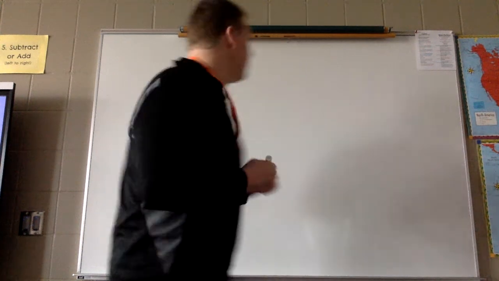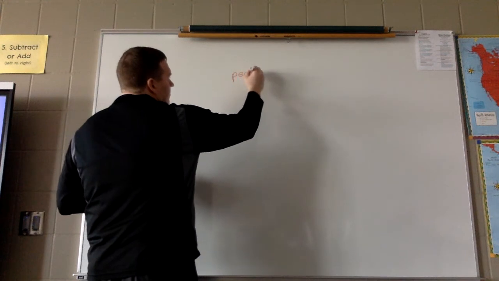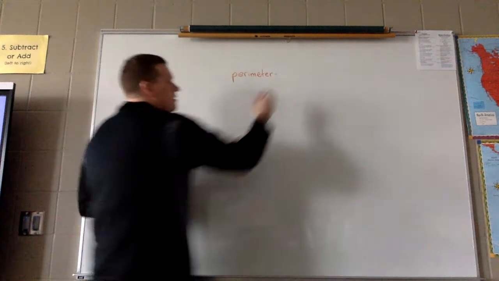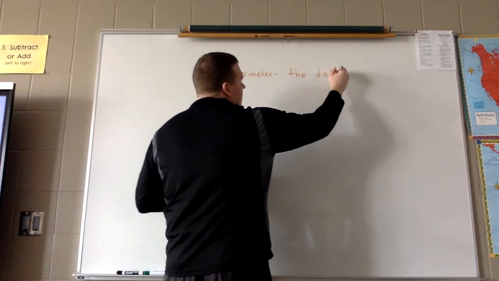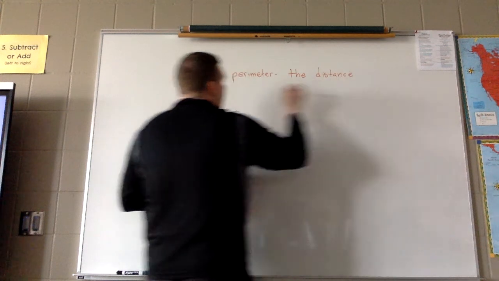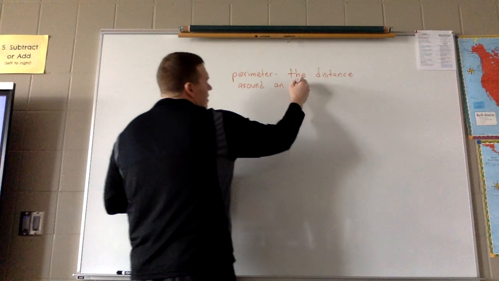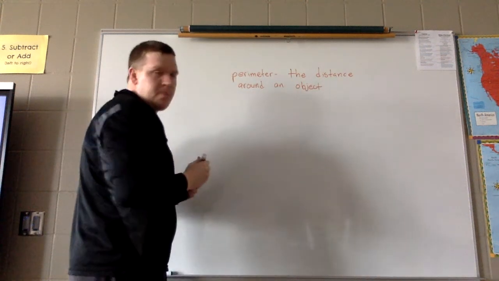So we started talking about perimeter, okay? And we said perimeter means the distance around an object, okay?